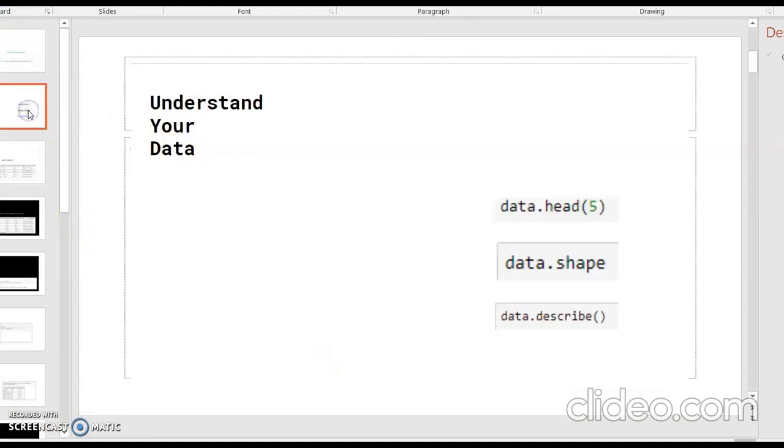After we import the data, if we use the data.head function, then we can see the first few rows of data. After data.head, we can see more quantitative data with data.shape and data.describe.